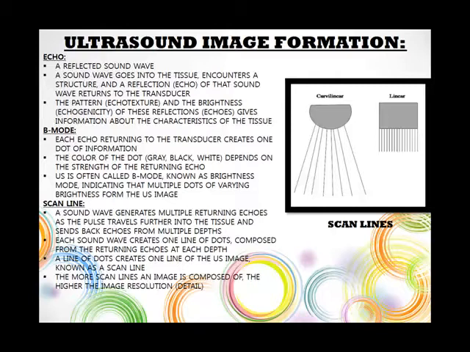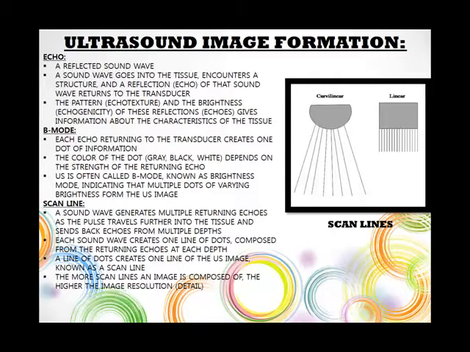Your ultrasound image is made up of hundreds of scan lines. And it's all these various different dots of brightness. So each dot is a different shade of brightness, and it all depends on how strong the echo is returning back to the transducer. So if the sound wave encountered a really strong type of tissue, a strong reflector, it creates a really bright echo coming back to the transducer.